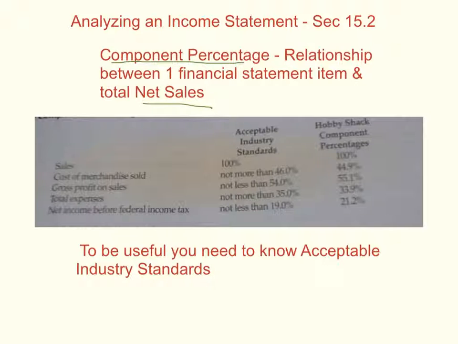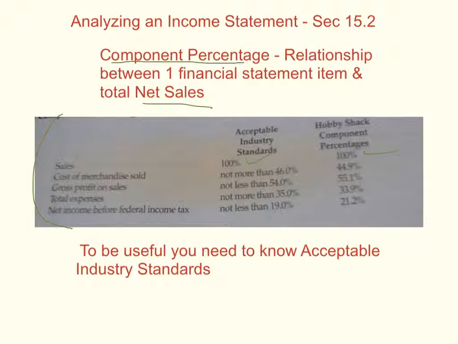So as you're looking at some of this chart down here, you have your sales, and the acceptable industry standard for sales is always 100%. Sales is divided by sales, which you would have the same number for the numerator and the denominator. Cost of merchandise sold.